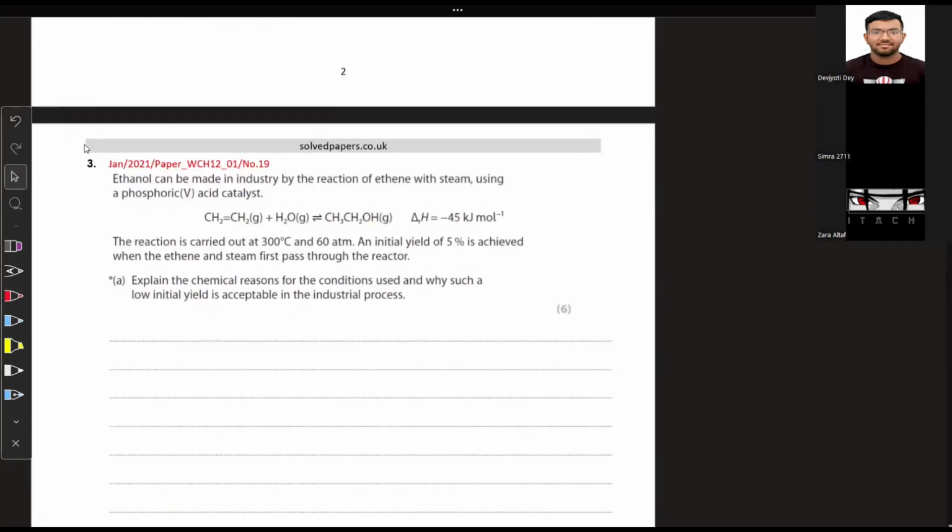Okay, this is a very nice question. Both of you try to jot down the points in 2 or 3 minutes. Just jot down the points. What are the reasons why a low initial yield is acceptable in the industrial process? Read the question and try to solve, or just tell me the points. No need to write the answer.